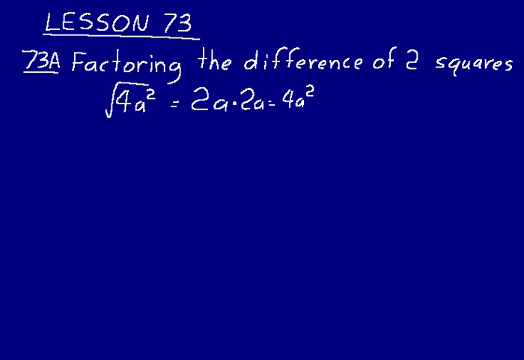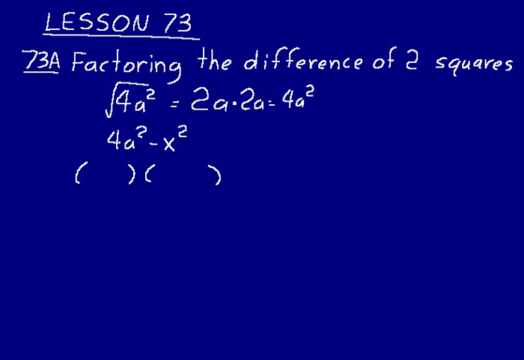Now think about this title, factoring the difference of two squares. Difference means subtraction, right? So if we had 4a squared minus another squared polynomial like x squared, you can actually factor that into two binomials. What you do is set up a pair of parentheses, and you think about the square root of each of those terms.